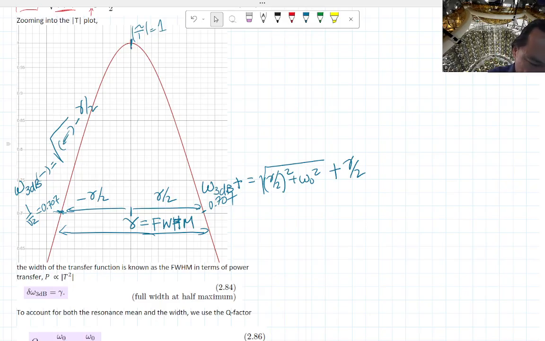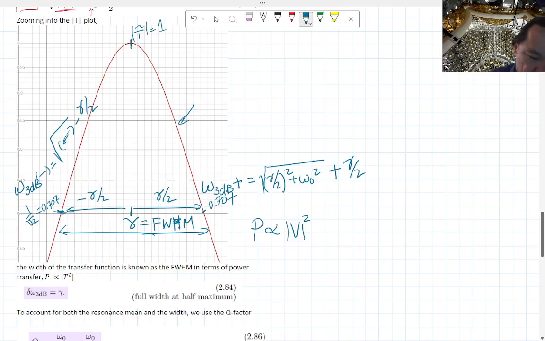So in signal transfer, what you're actually interested in is not the voltage or the amplitude transfer, because this transfer function is calculated for voltage output, right? So the power output of some circuit is proportional, it's not equal, to the voltage square, right?